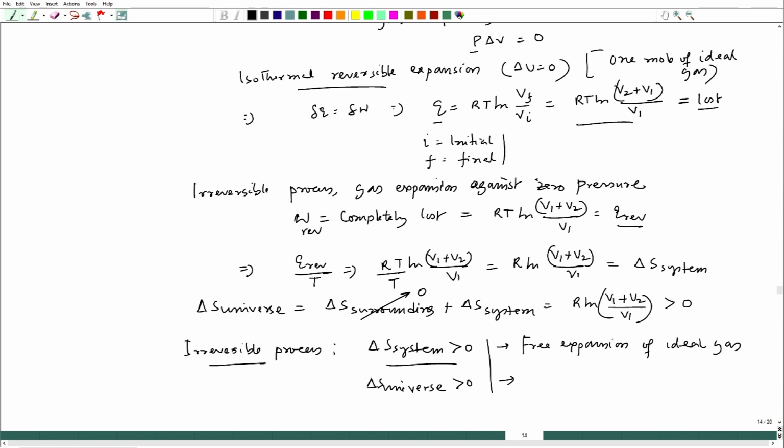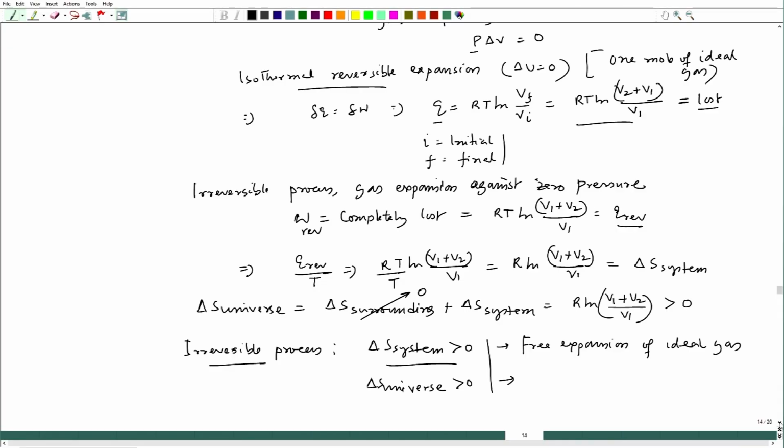I could see that the lost work is actually converting to entropy of a system, and that entropy is actually decided by the reversible work divided by temperature, provided this is an isothermal process, remember.